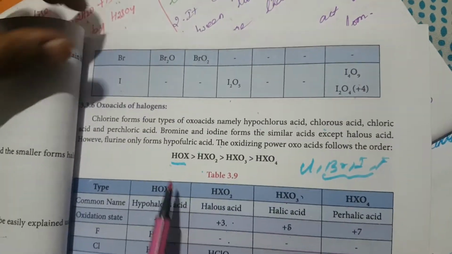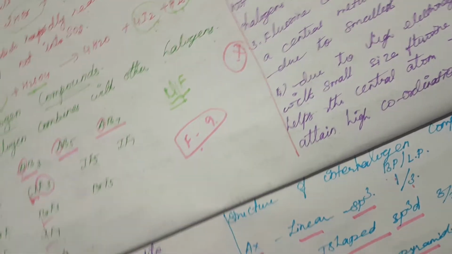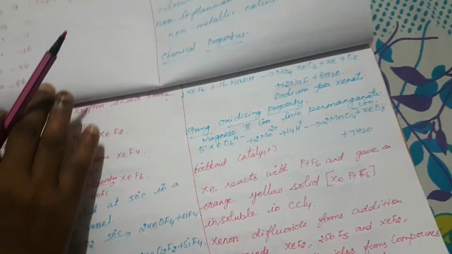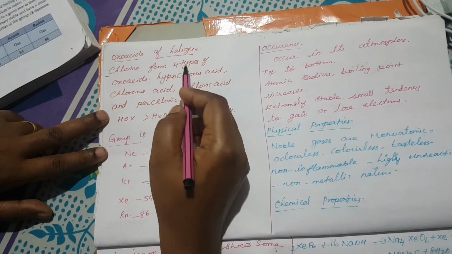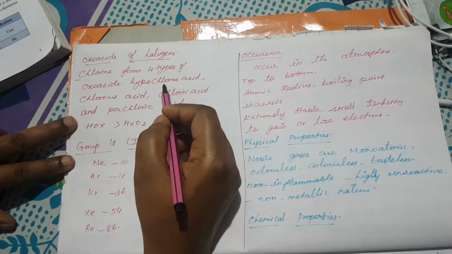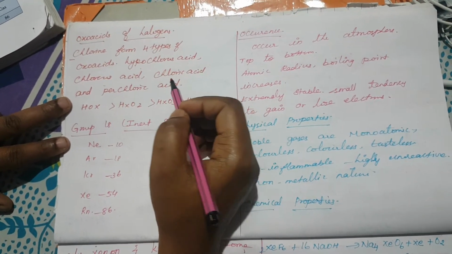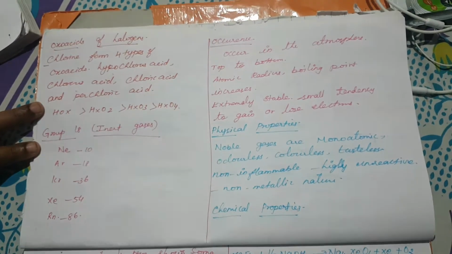Another one is oxoacids of halogens. Here chlorine forms 4 types of oxoacids: hypochlorous acid, chlorous acid, chloric acid and perchloric acid.